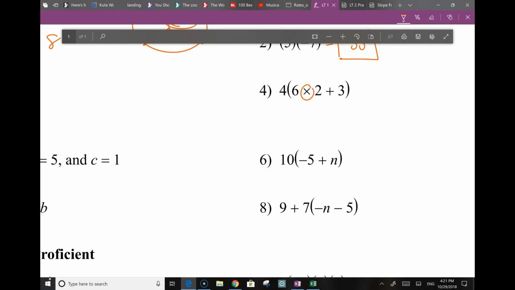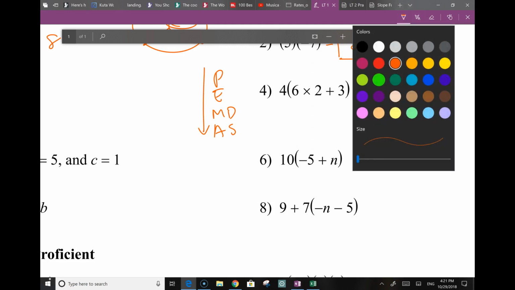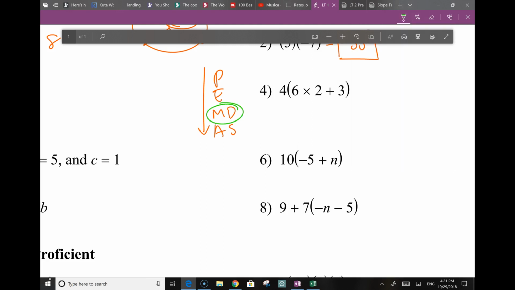And I have both multiplication and addition, which means I need to decide which one should happen first. If you follow the list, which is here, I like to organize it this way. Multiplication and division are in the same family, which is why I paired them up this way. And addition and subtraction are in the same family, which is why they're paired up that way.